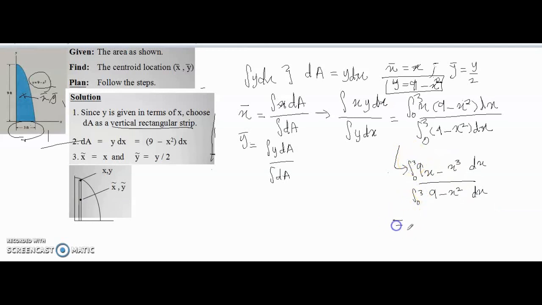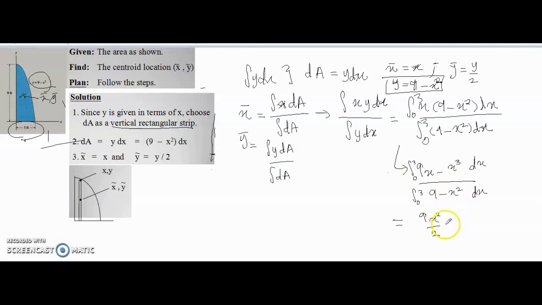So this one becomes 9x, to remove the dx you need to multiply by x, so x with x squared over 2. Please recall how to do the integration. You already learned this maybe in secondary school, and in engineering calculus you do a lot of integration calculation.